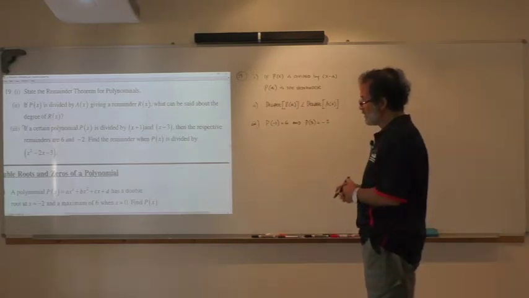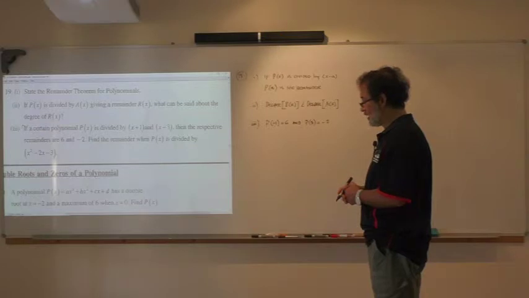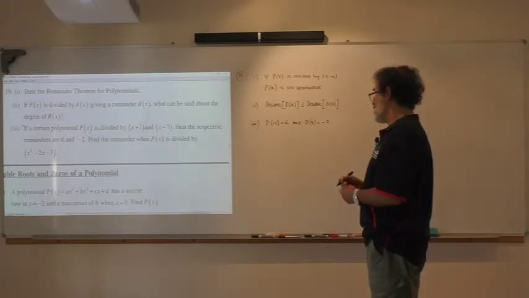Then they said that we're going to find the remainder when this polynomial is divided by x squared minus 2x minus 3.